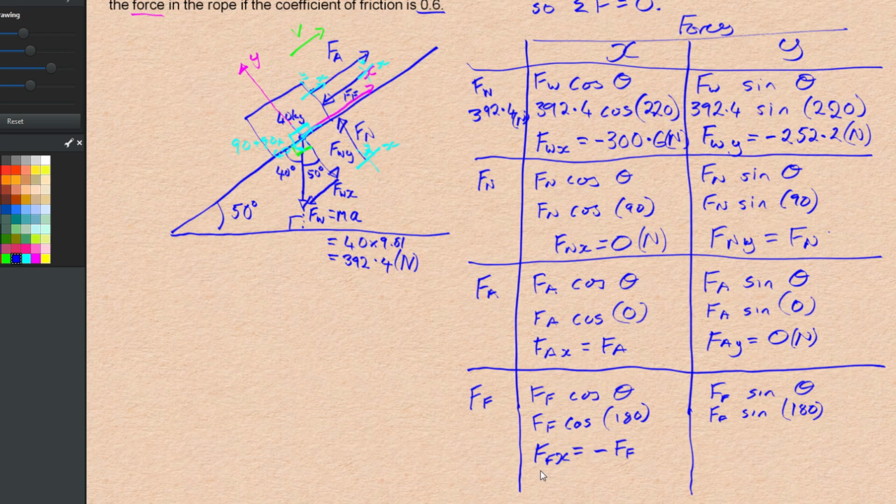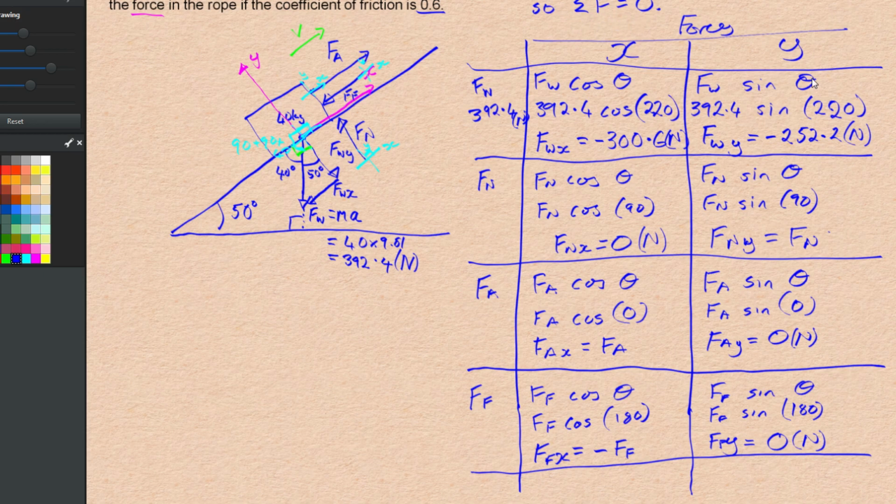Here I'm saying that the friction force in the x direction is in the negative x direction by the length of that vector, which is what I'm showing here. And for the friction force in the y direction, sine of 180 is 0, so this will be 0 newtons.